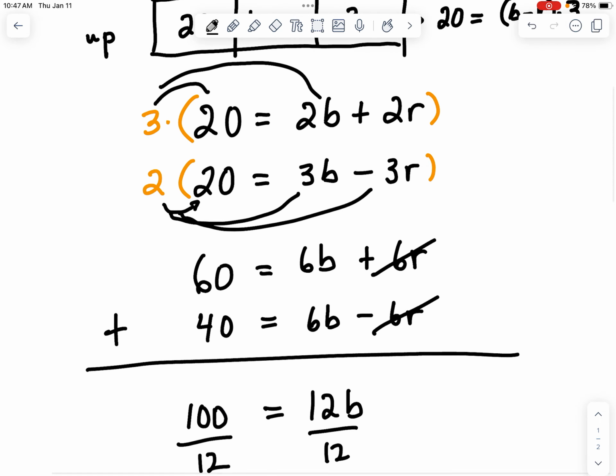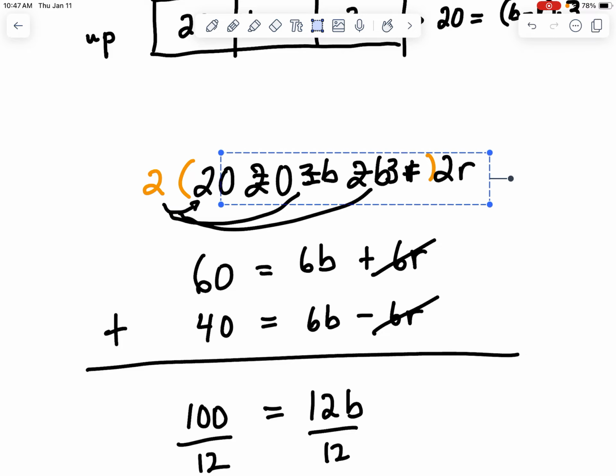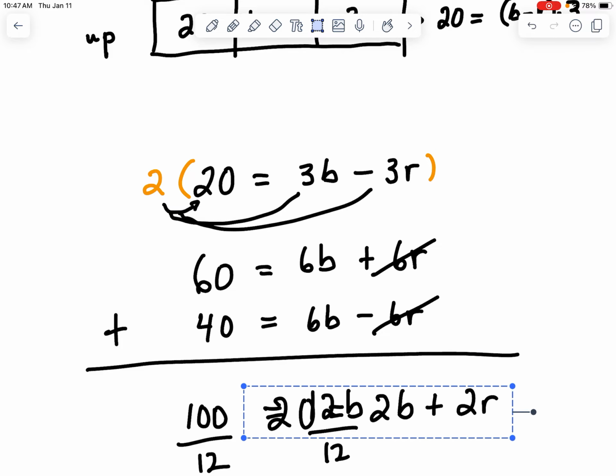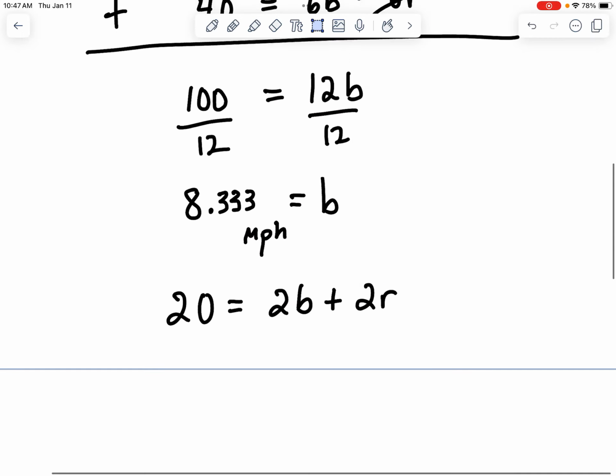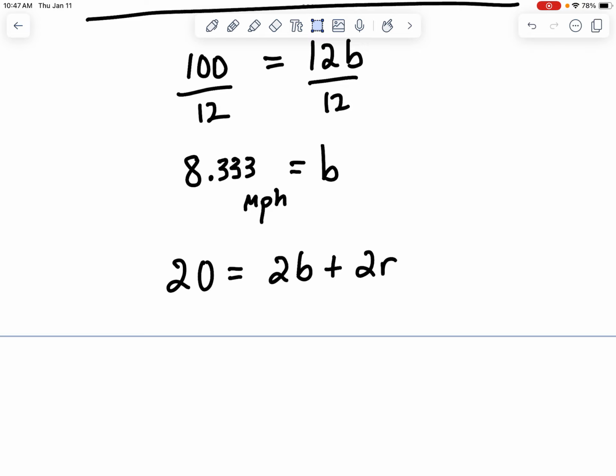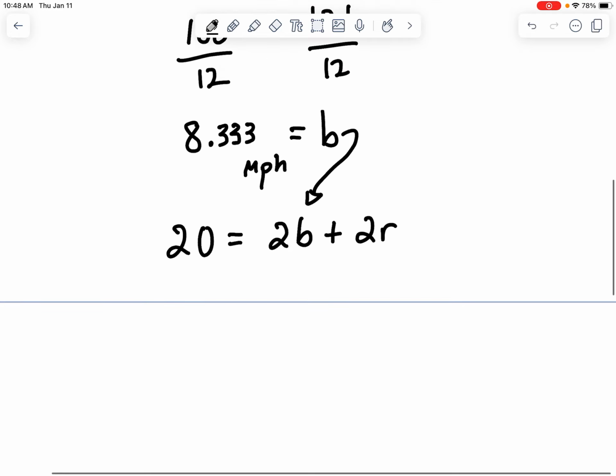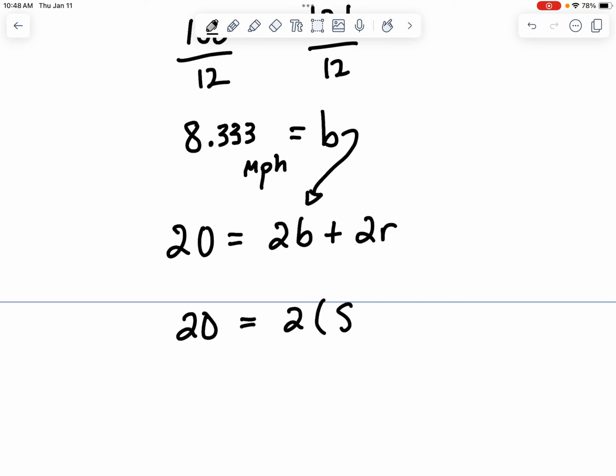Okay, so I can just grab one of these equations. I'm just going to grab this one as I clean it up, and bring it down here. There we go. And now just substitute that the b is going to be 8.33. So we have 20 equals 2 times 8.333 plus 2r.